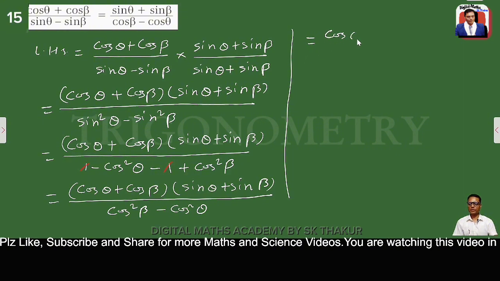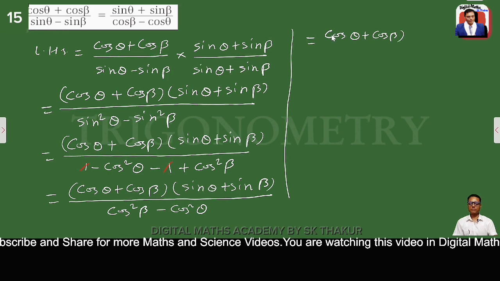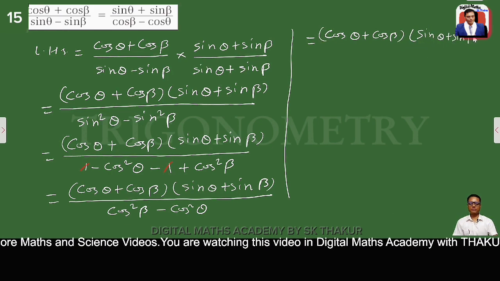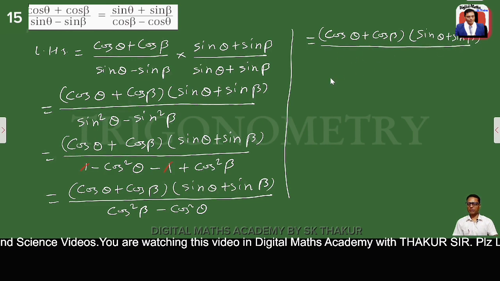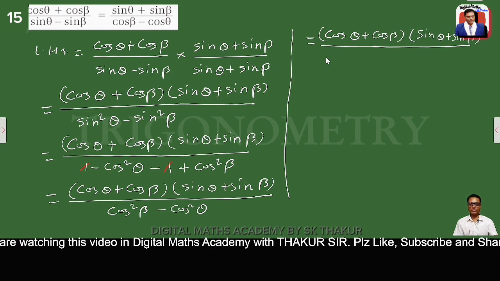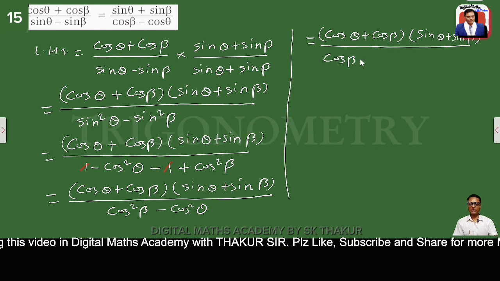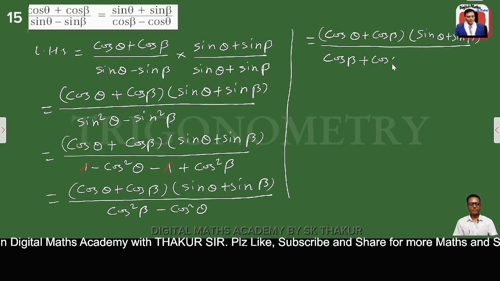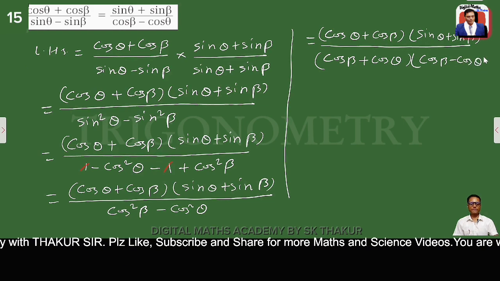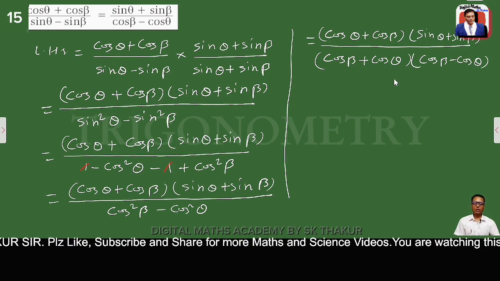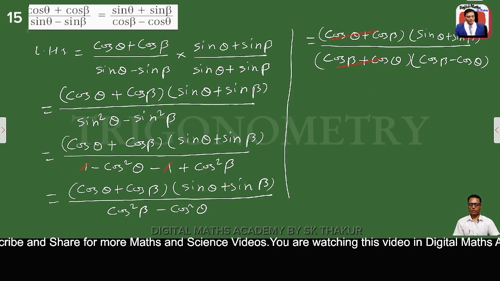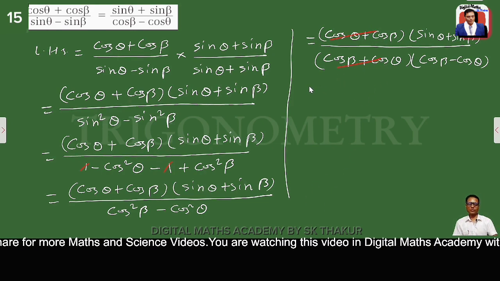Now we apply the formula a² − b² at the denominator, with the numerator as it is: (cosθ + cosβ)(sinθ + sinβ). Here a² − b² becomes (a + b)(a − b), so we have (cosβ + cosθ)(cosβ − cosθ). We can cancel cosθ + cosβ up and down, because cosθ + cosβ and cosβ + cosθ are the same thing.